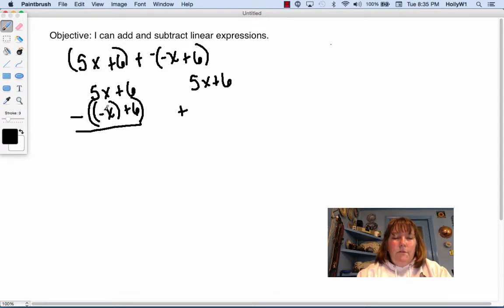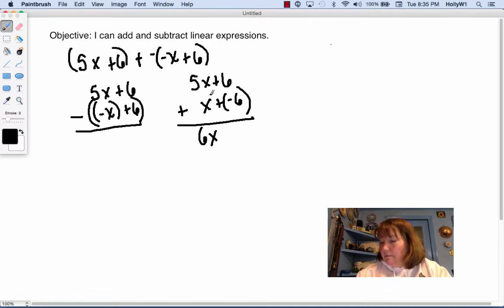Negative times a negative x is x, and negative times a positive 6 is a negative 6. Now if I add them, I get 5x plus x, which gives me 6x, and 6 plus a negative 6 is 0. So my answer is 6x.